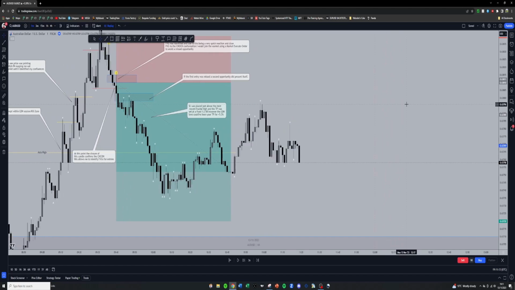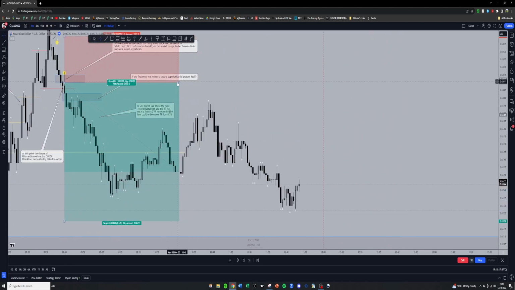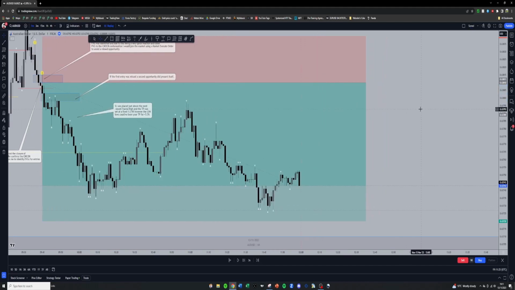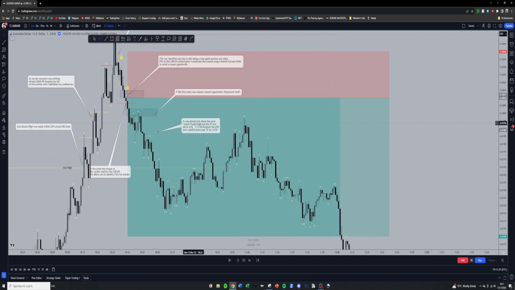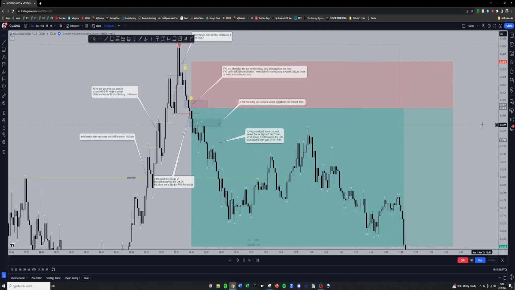It took its time, don't get me wrong, but you would have hit a 1 to 3 if you were just patient and stuck with the setup. Obviously it's hard to hold, there you go. So it's a good metric to track in your journal if you are.